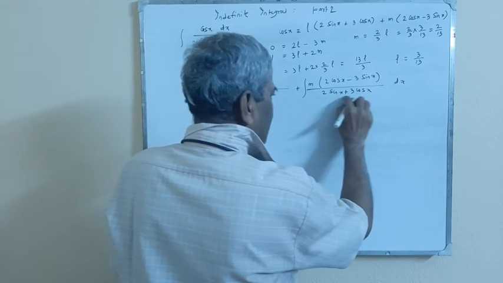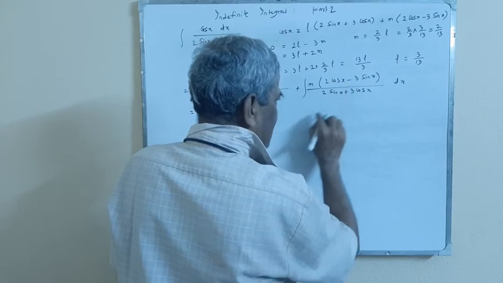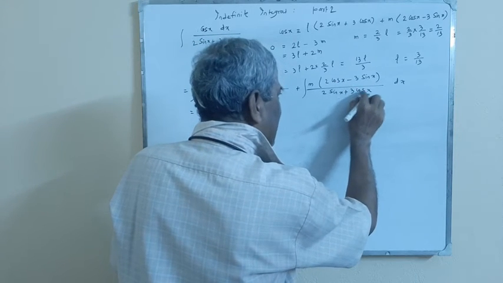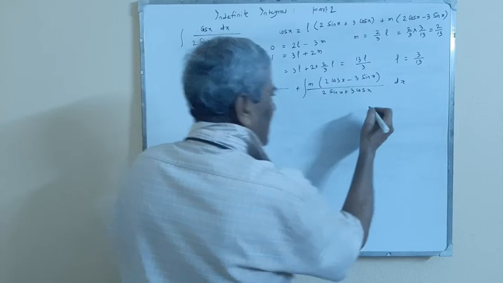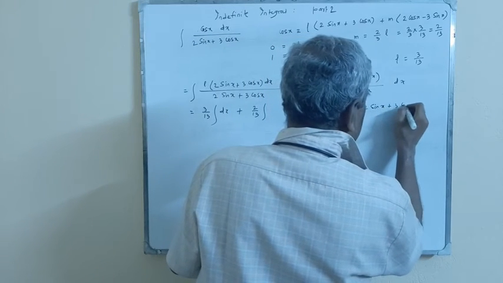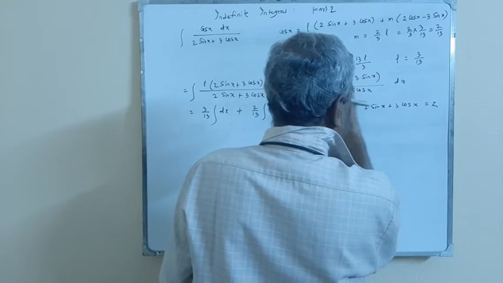If we put 2 sin x plus 3 cos x equal to z, then its derivative is 2 cos x plus the derivative of 3 cos x, which is minus 3 sin x.